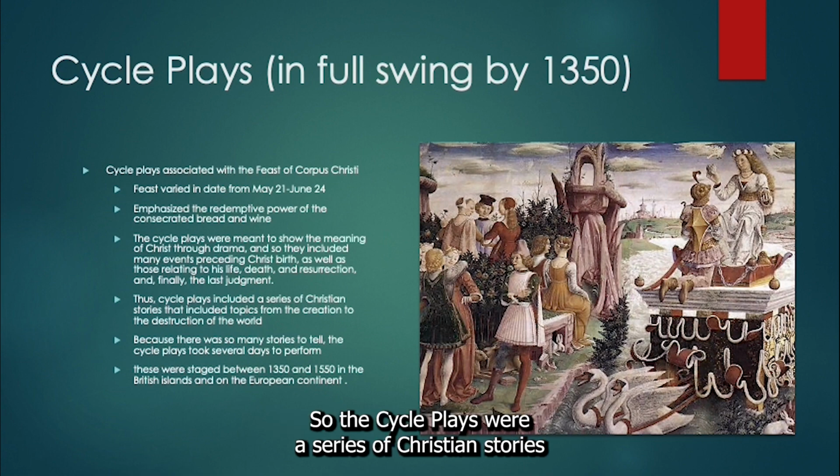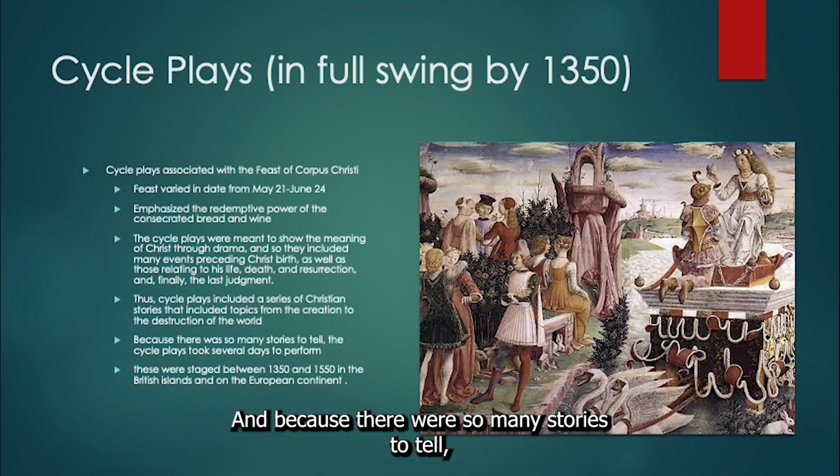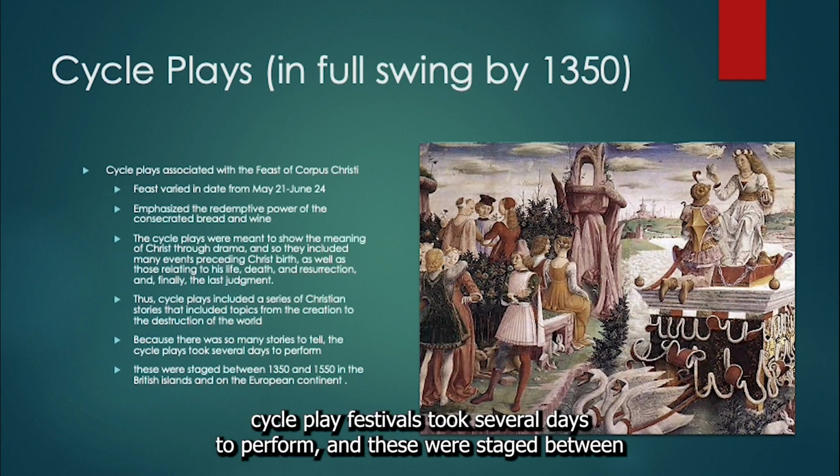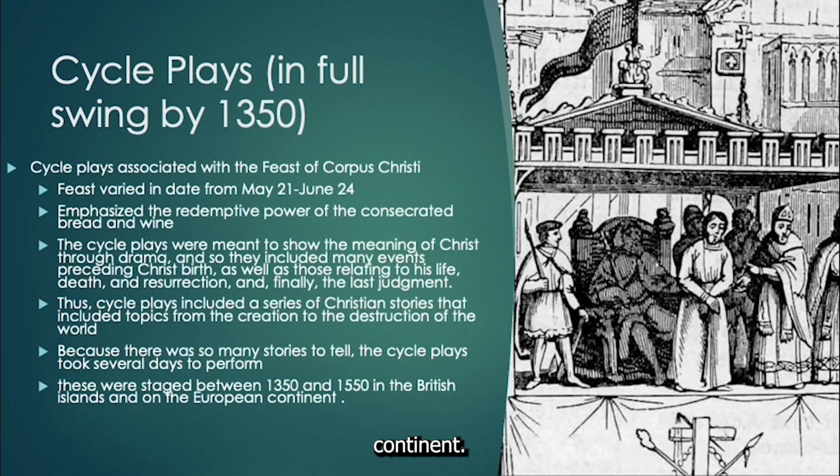The cycle plays were a series of Christian stories that included topics from the creation to the destruction of the world. And because there were so many stories to tell, cycle play festivals took several days to perform. And these were staged between 1350 and 1550 in the British Isles and on the European continent.